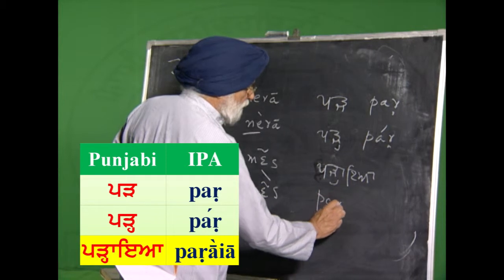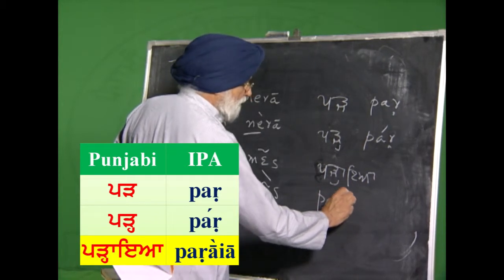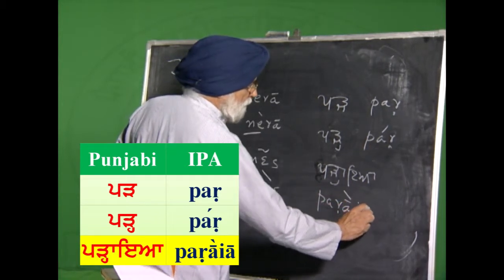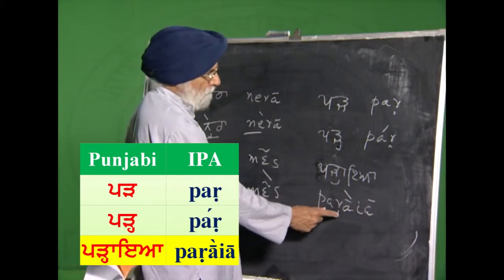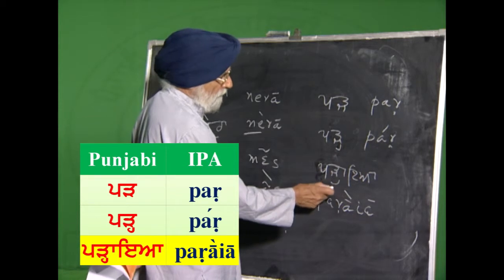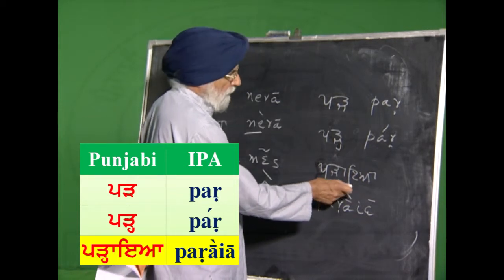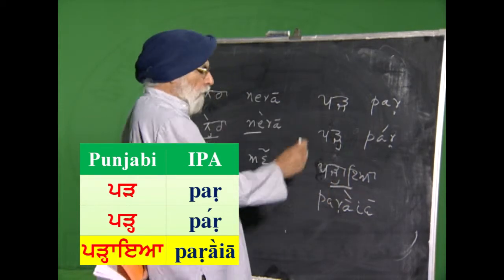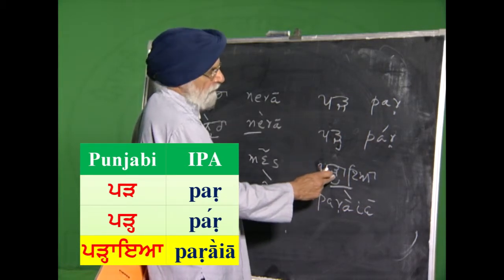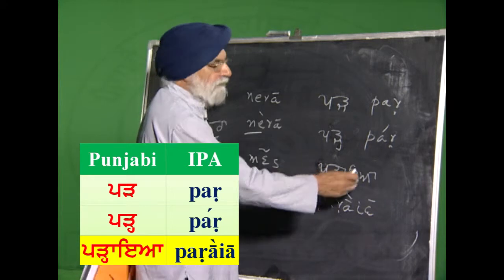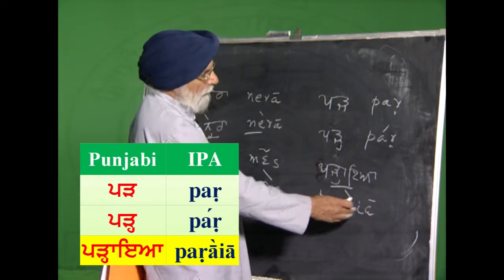Then it will be the same kind of thing as we have seen earlier. It will correspond to a low tone, ra plus low. If the vowel is before, then it is pad, and if it is the beginning of the second syllable, then it is padaya.